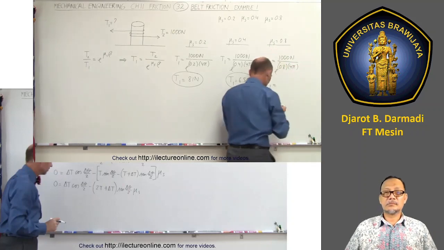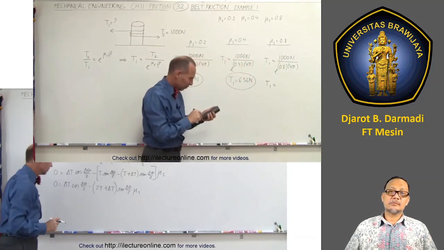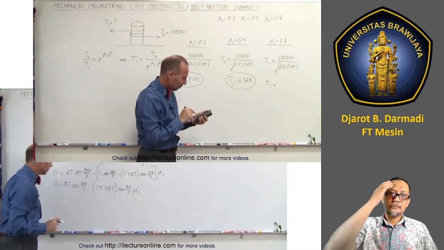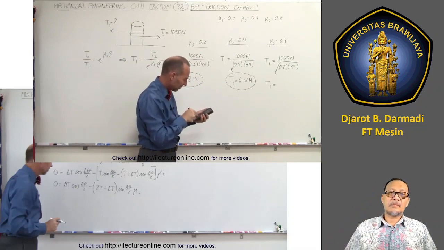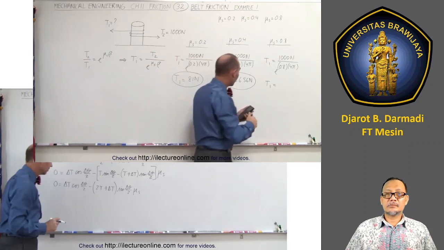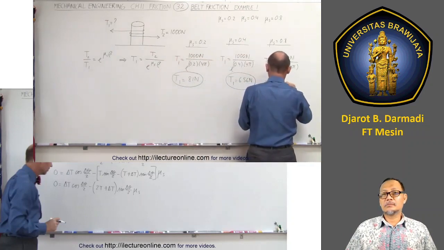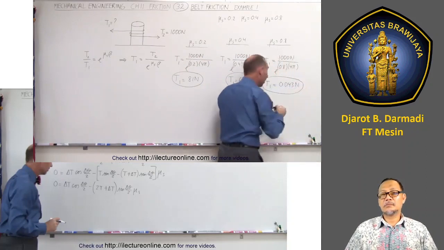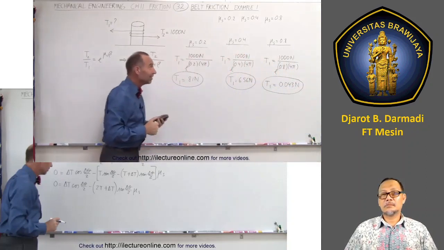So we get 0.8 times 4 times pi as an exponent, take the inverse of that, times 1,000. And now we need just a small fraction of a newton, 0.043 newtons. That's almost hard to believe. And that's indeed the case.